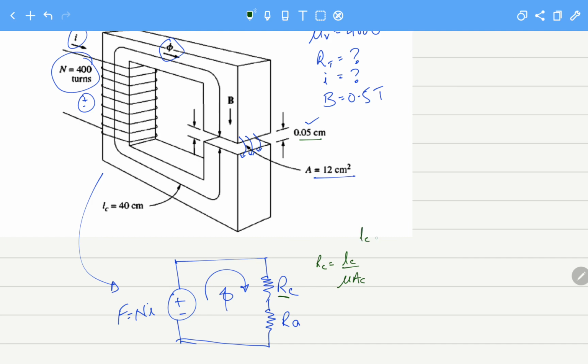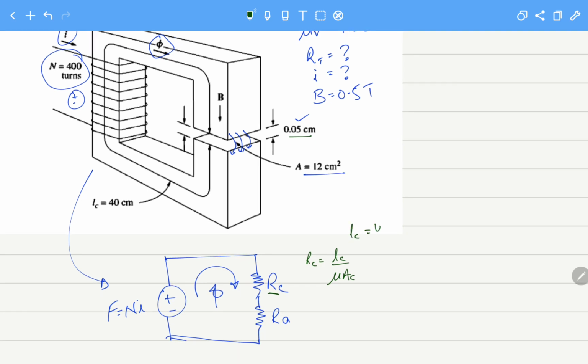Actually, the real mean path length is 40 cm minus 0.05 cm, but it is almost equal to 40 cm. And remember, we have to put the values in meters.